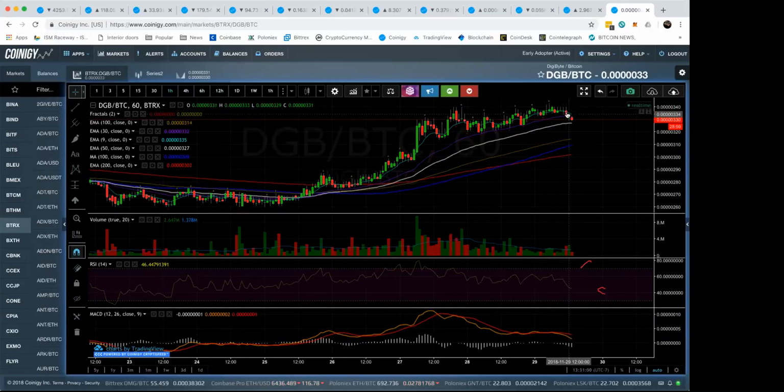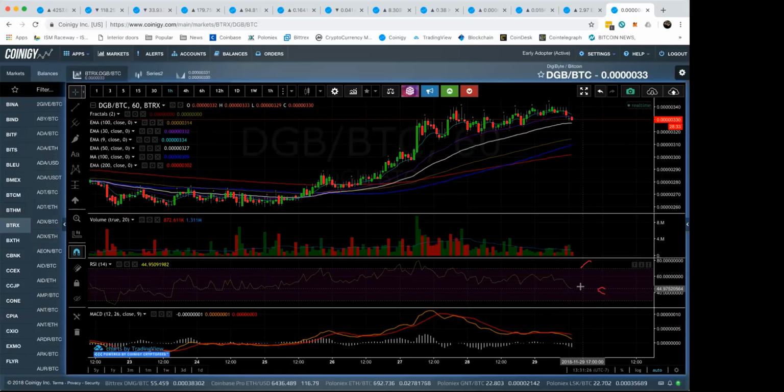We lost the support of the 9 EMA. We're doing a bearish crossover on the 30 EMA. We're most likely going to land here on the 50. But if the 50 cannot hold this support, we're going to come all the way back down here to 314 Satoshis. So hopefully we can stay above the 50 and then continue to go back up.